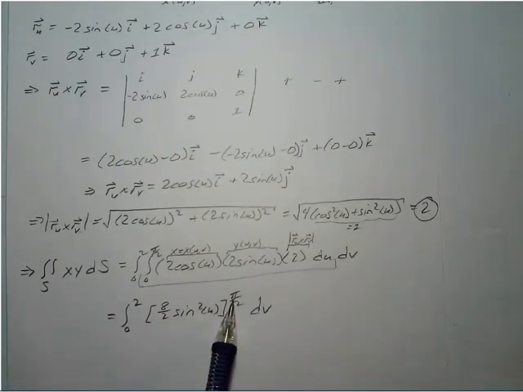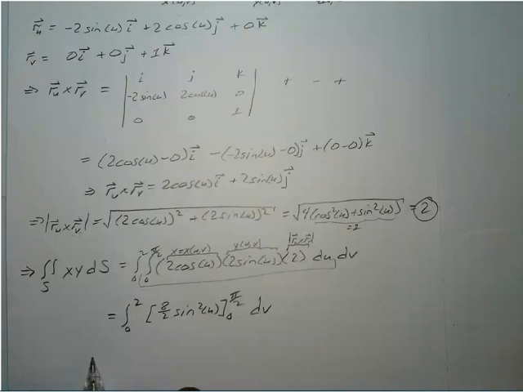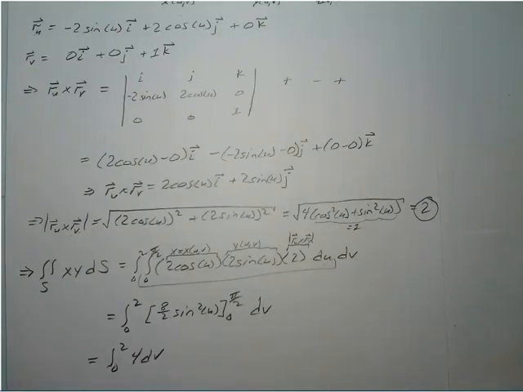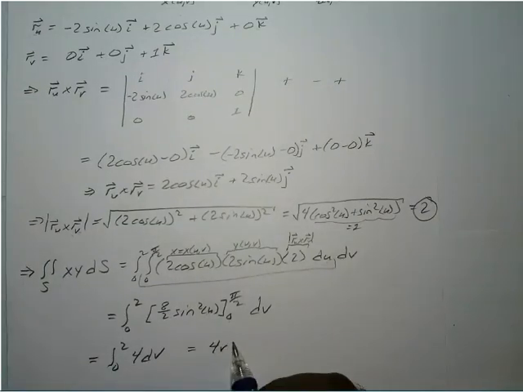Okay. So we know that sine of pi over 2 is equal to 1. So that really just leaves us with 8 over 2 times 1, which is just 4. And 0, you plug in the 0, that's just 0. So that leaves us with the integral from 0 to 2 of 4 with respect to v. Okay, so that gives us 4v from 0 to 2.